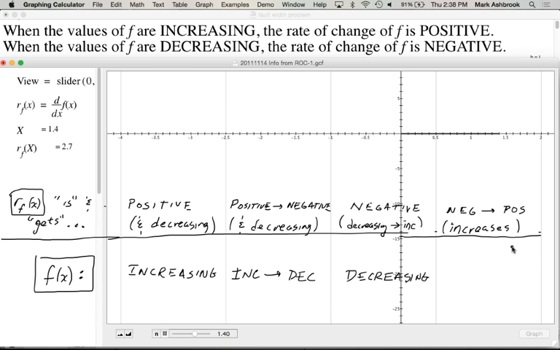Preview of things to come. Do you see how that can be confusing? Less negative values mean a higher rate, but it's going to be changing more slowly in the negative direction. See that? Okay, that's why it can get confusing. Okay, and so then if the rate is negative and then positive, keep going.